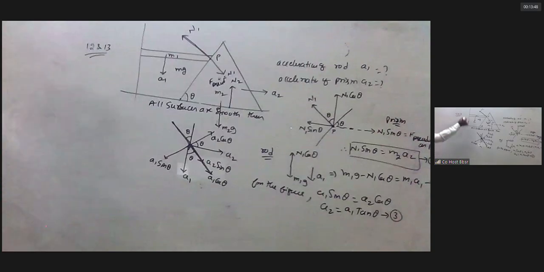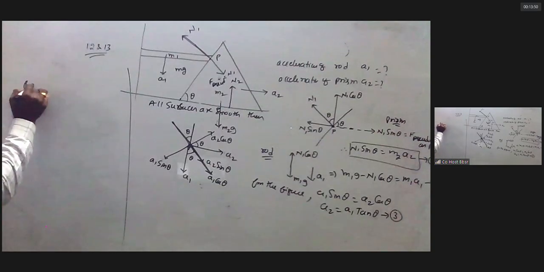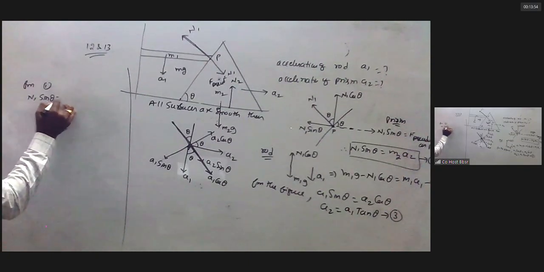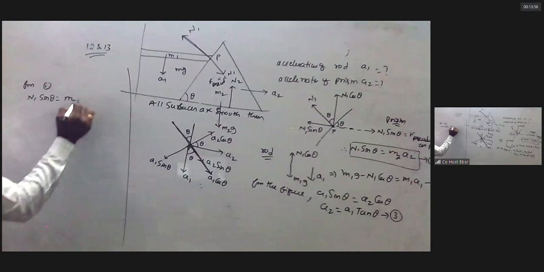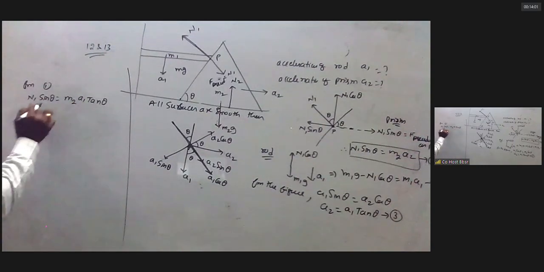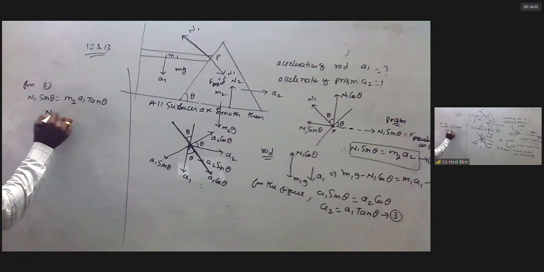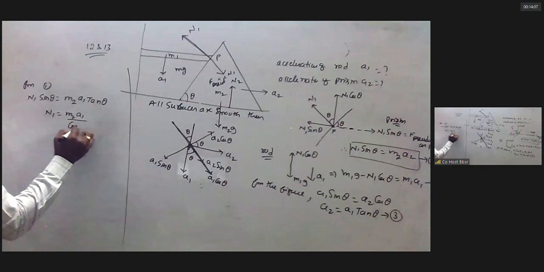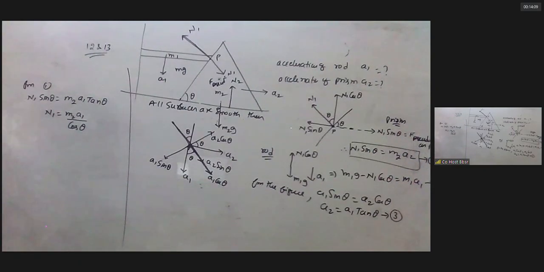What do we do now? From 1, N1 sin theta equal to M2 into A1 tan theta. So we want N1 equal to M2 A1, into sin theta cancel, remaining how much? Cos theta.